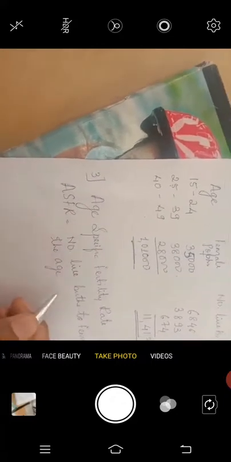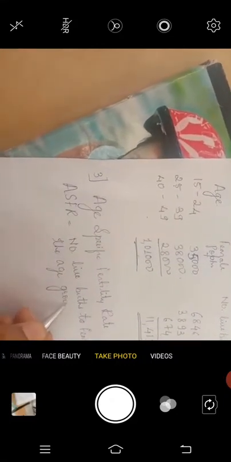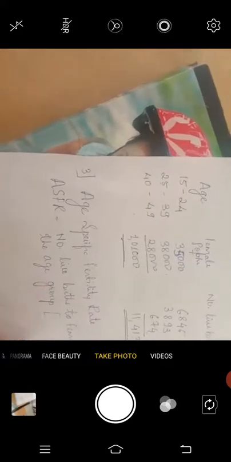So age specific fertility rate formula is number of live births to female of the age group. Now they are told to find age specific fertility rate between 25 to 39.